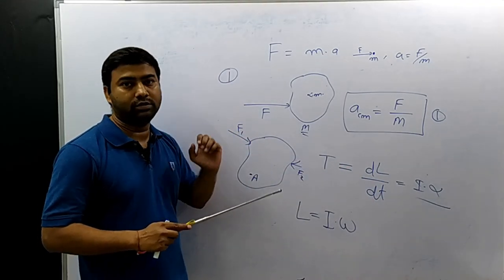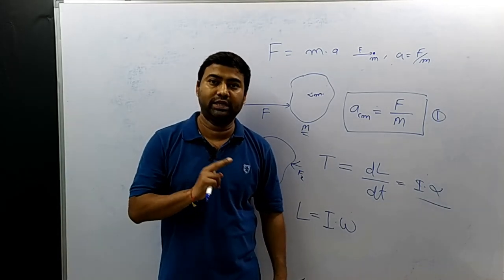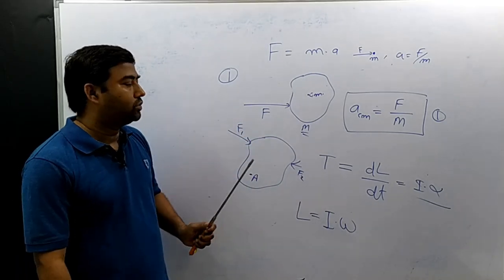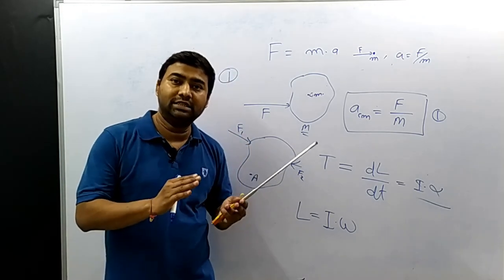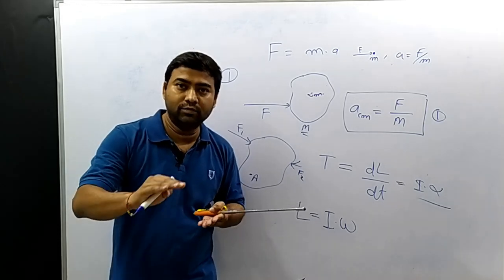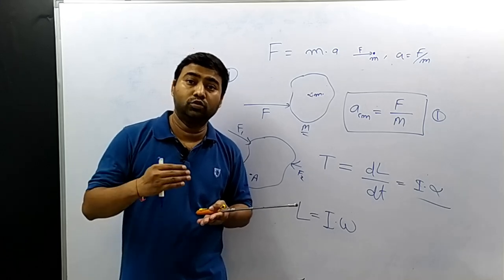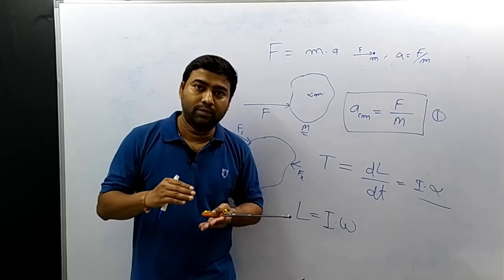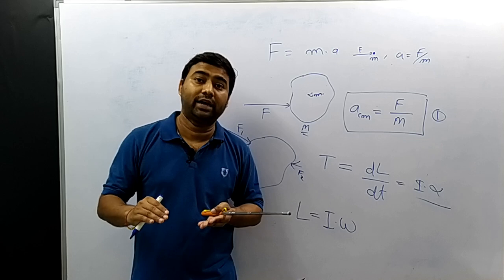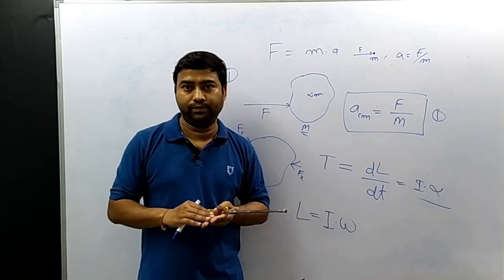So a force has two effects on real objects or real rigid bodies. From Euler's laws, we can say that a body is in perfect equilibrium when its linear motion and rotational motion are zero. Motion means acceleration. The body should not have any linear acceleration and should not have any rotational acceleration. Then we say the body is in equilibrium.